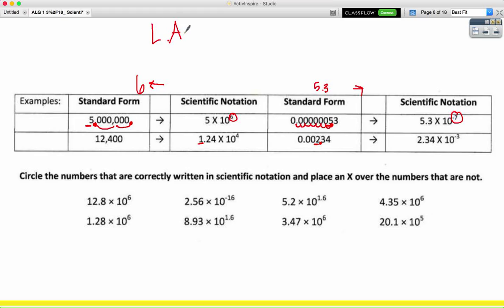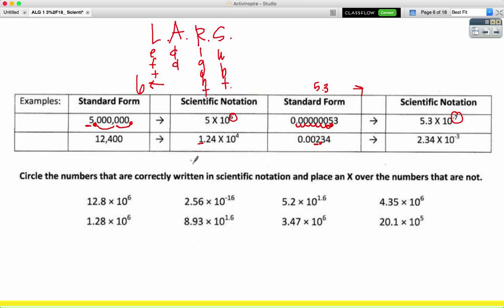It's called LARS. Stands for left, add. So when you move the decimal to the left, you add to the exponent. It's positive. And then right, subtract. So if you were moving the decimal to the right, you're going to have a negative exponent. You're going to be subtracting from the exponent.